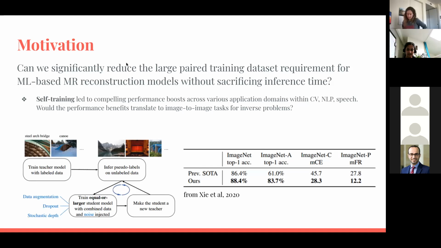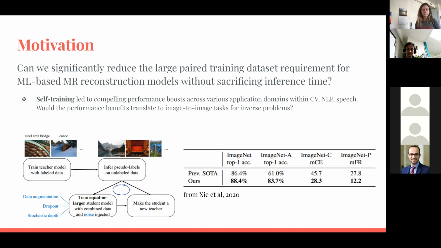One of the things that we explored is this paradigm of self-training that has shown really compelling performance boosts in computer vision and NLP. It's a pretty simple idea, which some of you might not be familiar with, so I'll go over it pretty quickly.